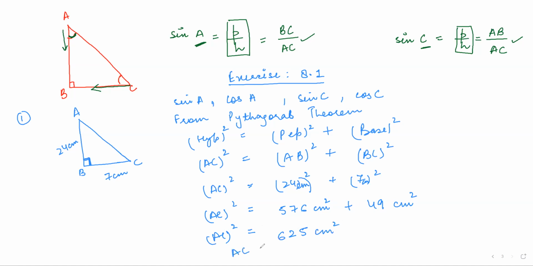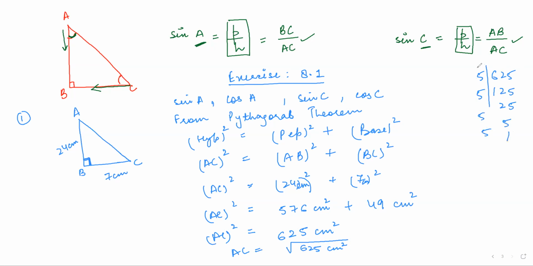So that means AC is square root of 625 centimeter square. So 625 square root means you have to prime factorize it. So 5 into 125, 5 into 25, then again 5 into 5, 5 into 1.